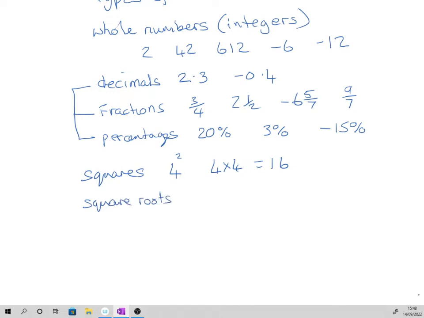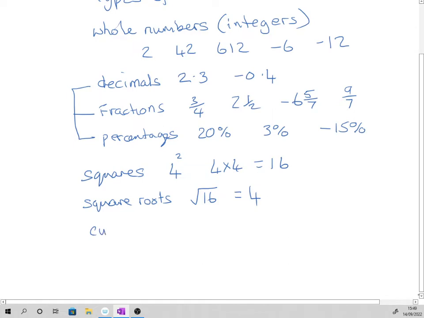Now this is the opposite way round. So if I put the square root sign over the 16, we're looking for 2 numbers that multiply together to make 16. They've got to be the same number. So we know it's 4 by 4, isn't it? 4 times 4. So the square root of 16 equals 4.